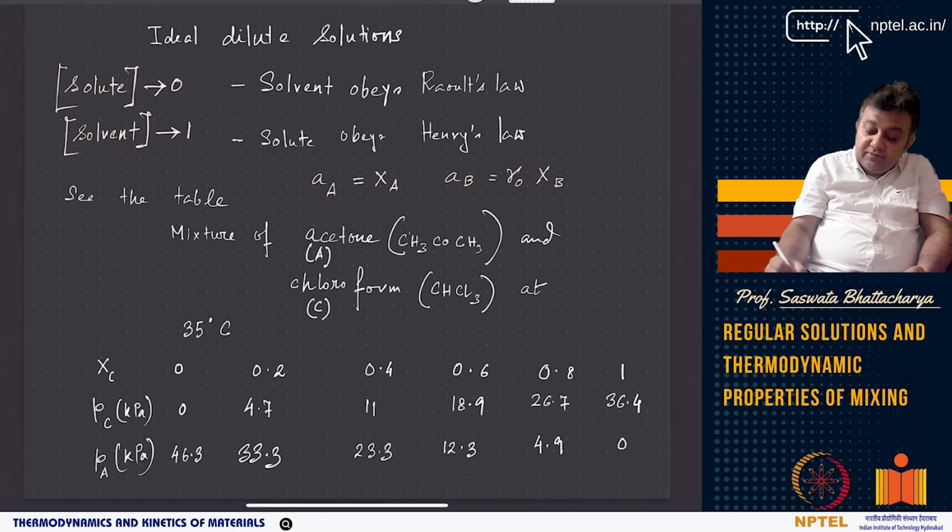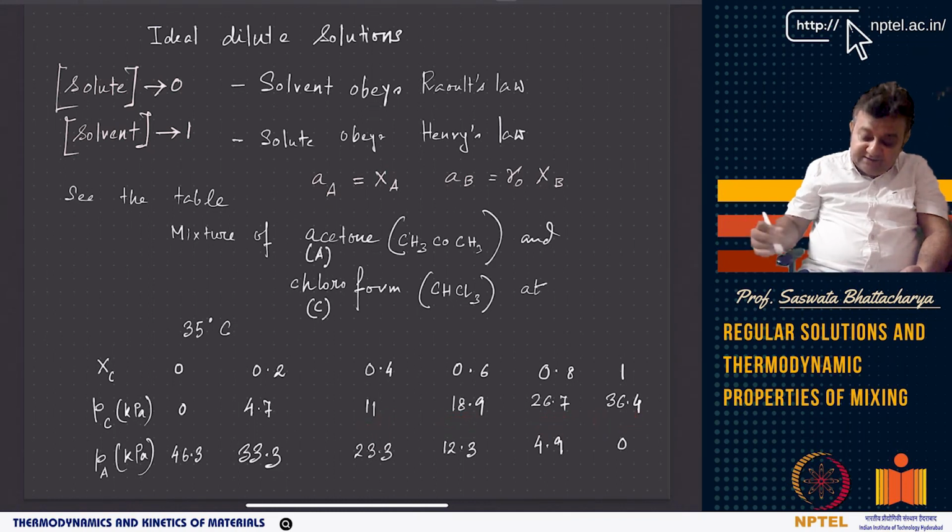Okay. So if I look at a real solution, for example, a mixture of acetone and chloroform, which we have discussed in the earlier class, you see this is the concentration of chloroform, and as a function of concentration, the partial vapor pressure of chloroform is given by 0, 4.7, 11, 18.9, 26.7 and 36.4.